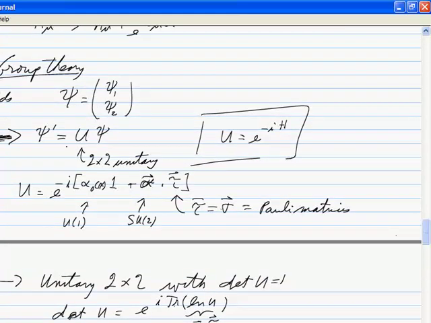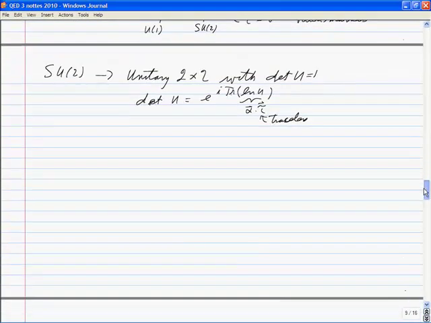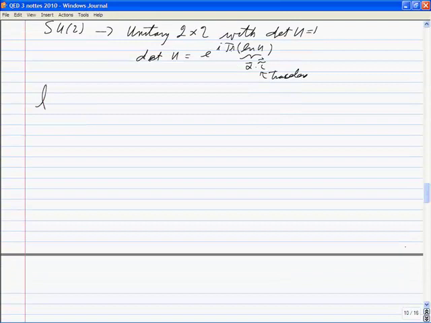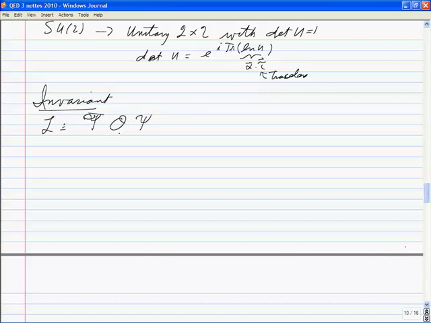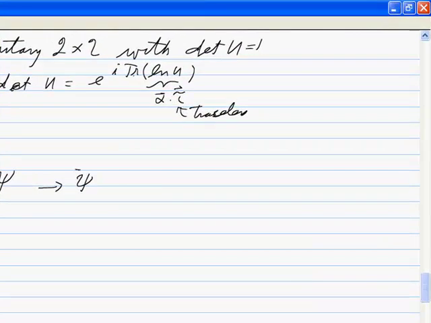So here's our potential invariant. Now, when is that an invariant? Well, if we have a term in the Lagrangian like psi bar O psi, under this transformation this goes into psi bar U dagger O U psi.